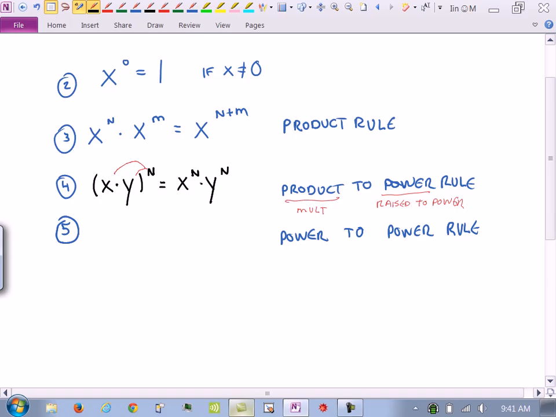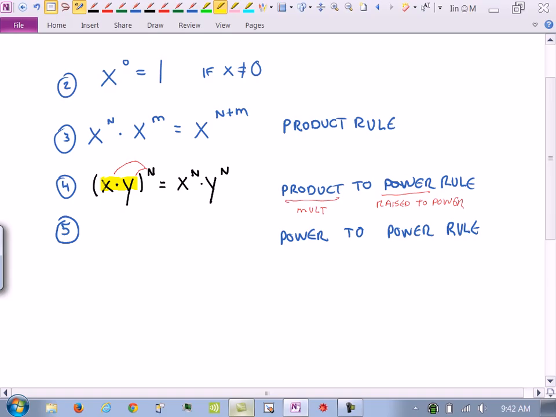So you start off with two things in parentheses with what operation between them? Multiplication. If that happens, then you can apply the power to both of the factors. Each of them gets it, and then you can figure out what each one is. I just want to really stress that the operation between the x and the y is multiplication. If that was an addition, this rule would not work, okay?